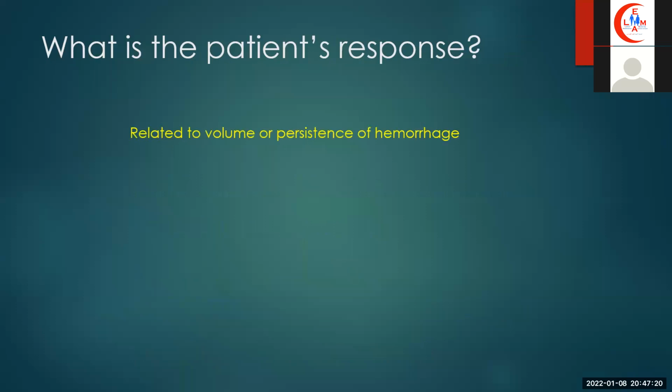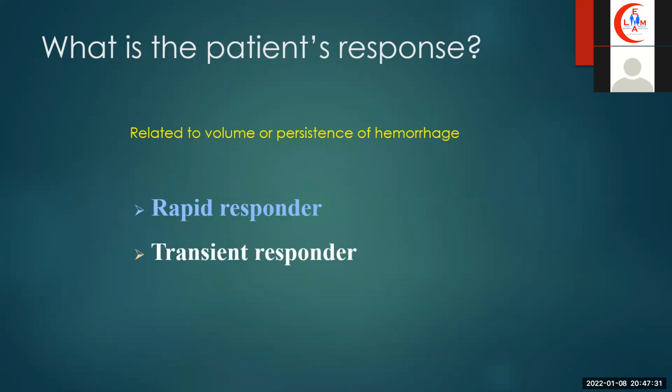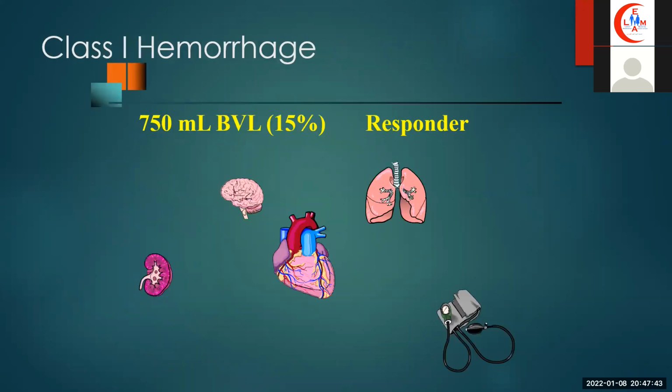So what's the patient response? The patient response is related to the volume and whether there is continuous bleeding or not. There are rapid responders, there are transient responders who respond initially and then deteriorate, and there are non-responders. And this is dependent upon what we call the classes of bleeding. So in class 1, there will be around 750 mils of blood loss, which is about 15% of the blood volume loss.